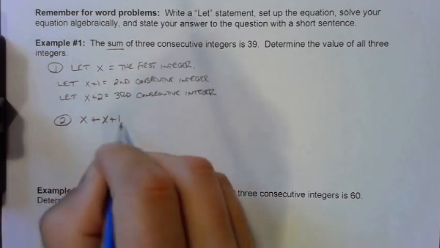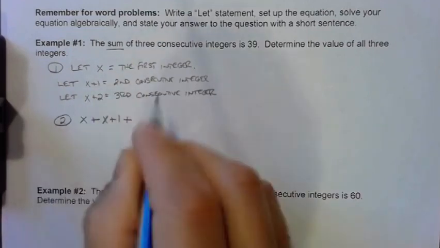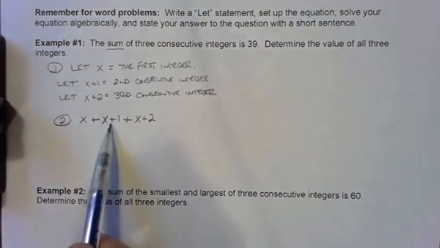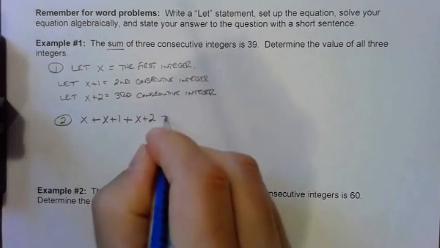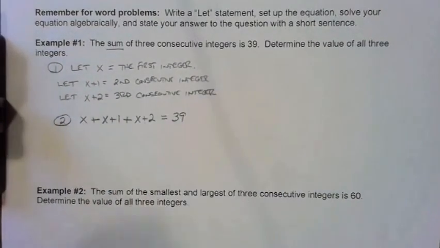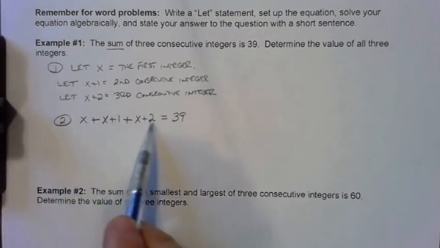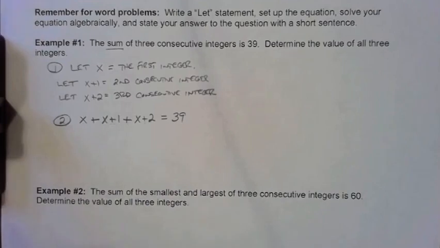And I'm going to have to add all of that to my third integer, which was x plus 2. The sum of three consecutive integers is 39. There's what our equation must look like. The first number plus the second number plus the third number adds up to 39.